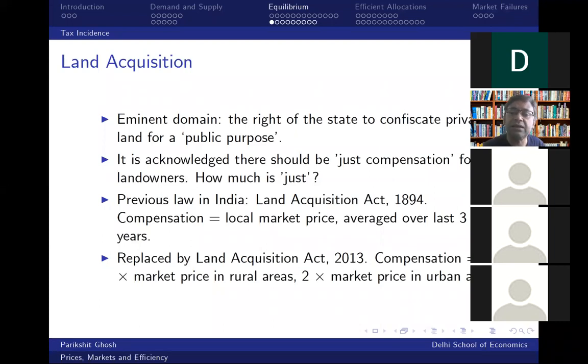Similarly, on the American side, there are famous cases. There's one case, I think 2005, where once again, the property that was being acquired, private houses that were taken over, was for some riverfront development in the city of New London in the US.